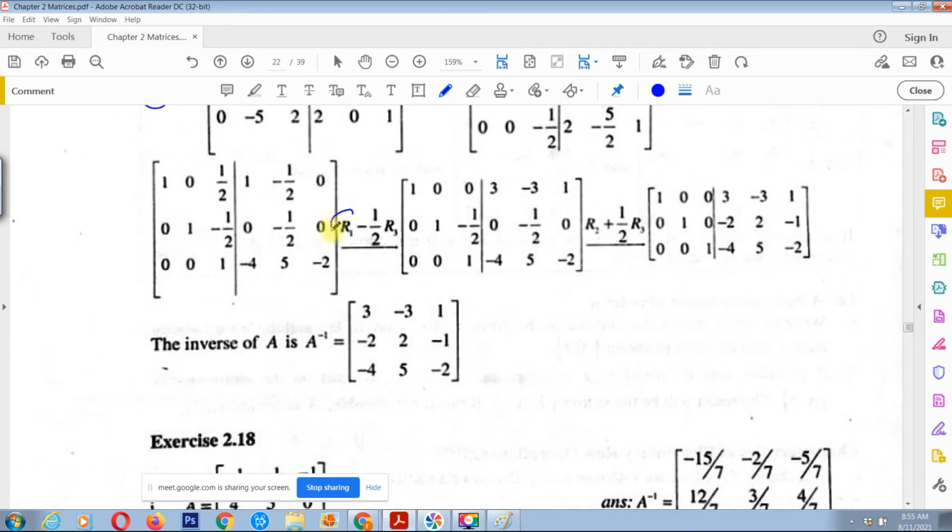If I see 1/2 R2, for example, plus 3 minus 3 R3, the mistake is here; this will give a different answer at the end.